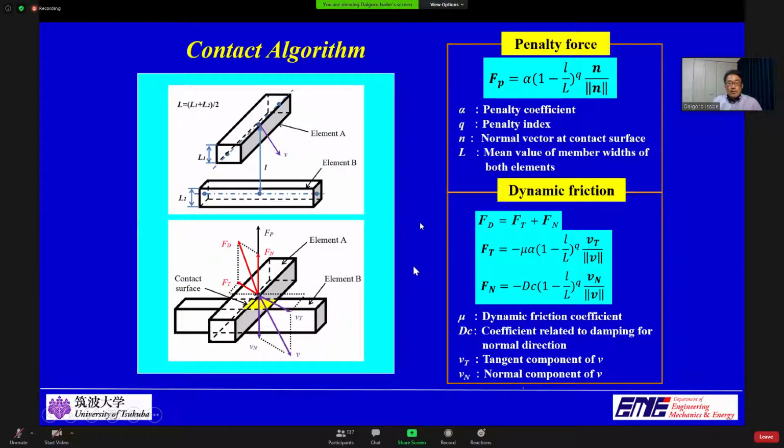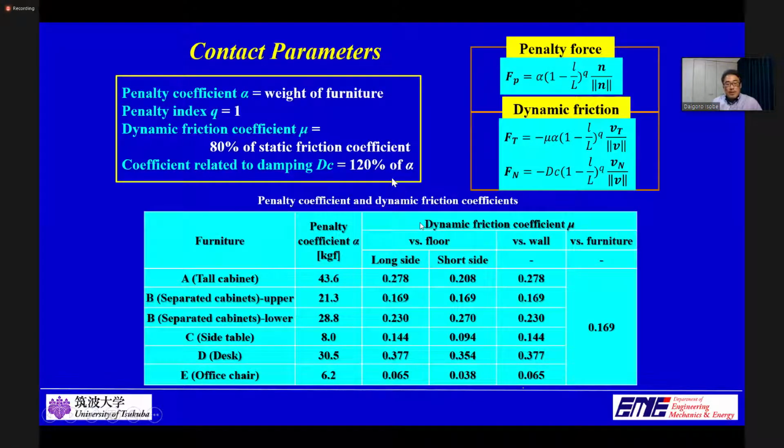One of the features of the developed code is that it is easier, compared to the distinct element method, to select the contact parameters. We fix the penalty coefficients and dynamic friction coefficients based upon quite simple rules as shown here. First of all, we fix the penalty coefficient alpha as the weight of each furniture.